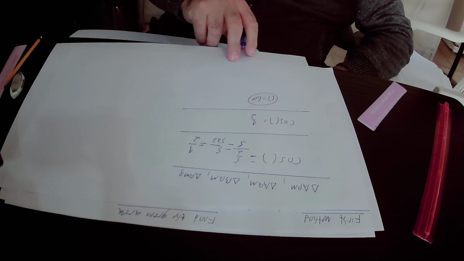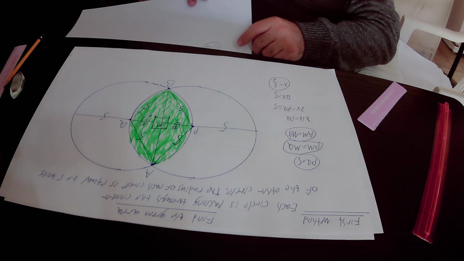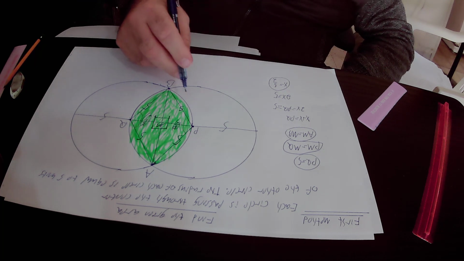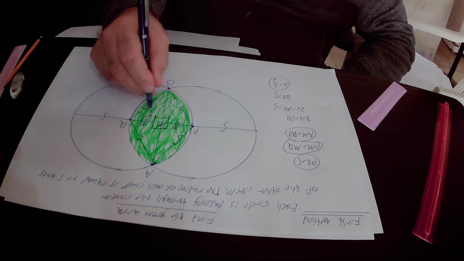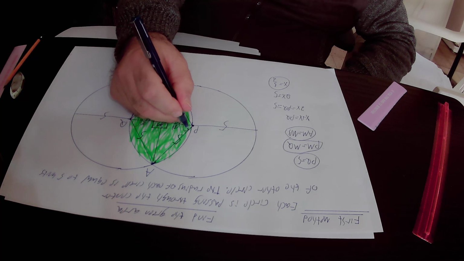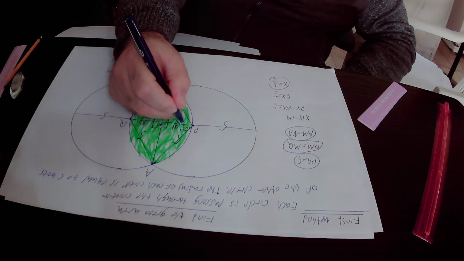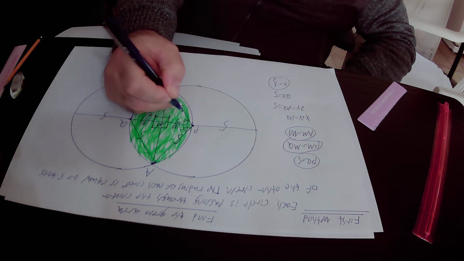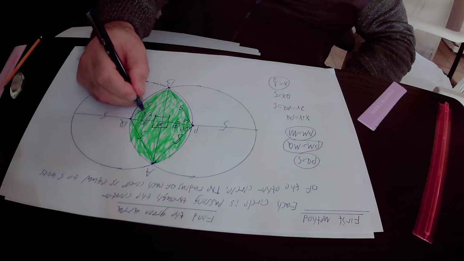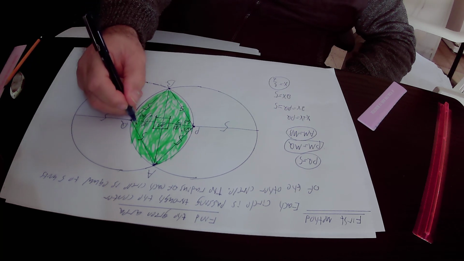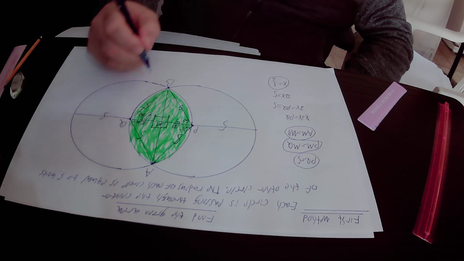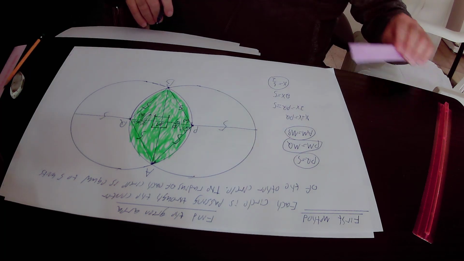So we actually found out that all four angles are equal to 60 degrees. So this angle equals 60 degrees, this angle equals 60 degrees, this angle equals 60 degrees, and this angle also equals 60 degrees. Okay?